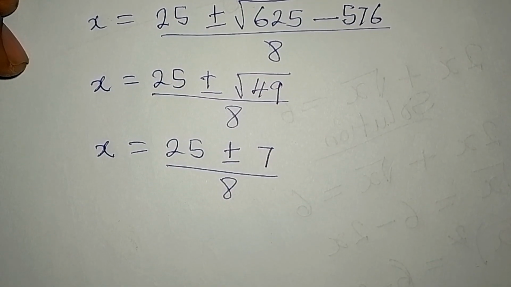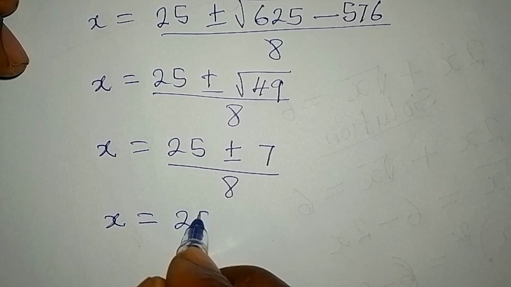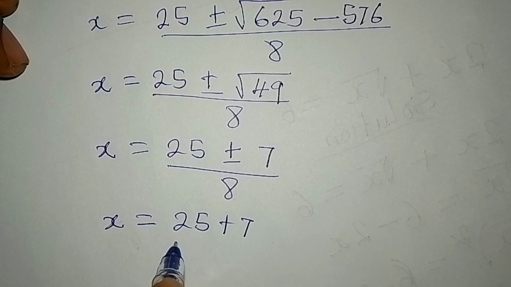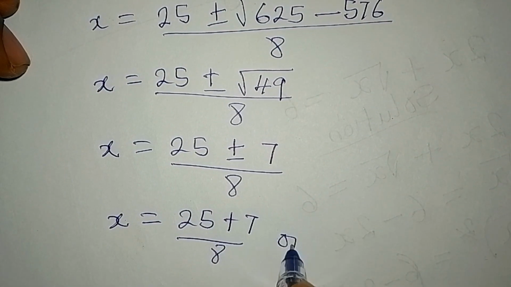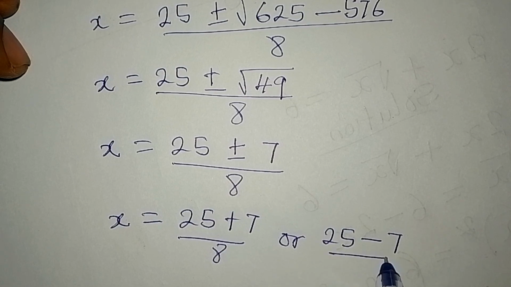Now we have a two-in-one solution. So this means that x is equal to 25 plus 7 over 8, or 25 minus 7 over 8.